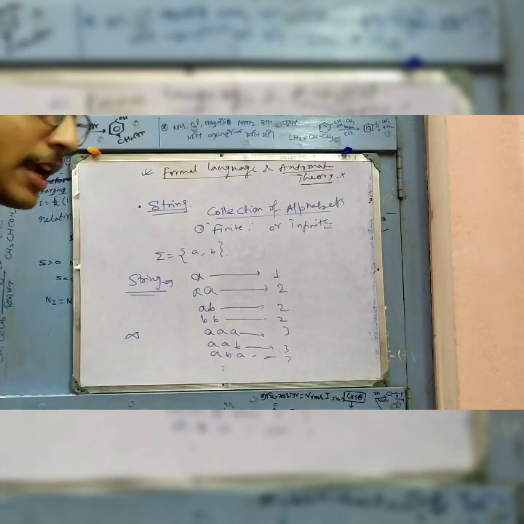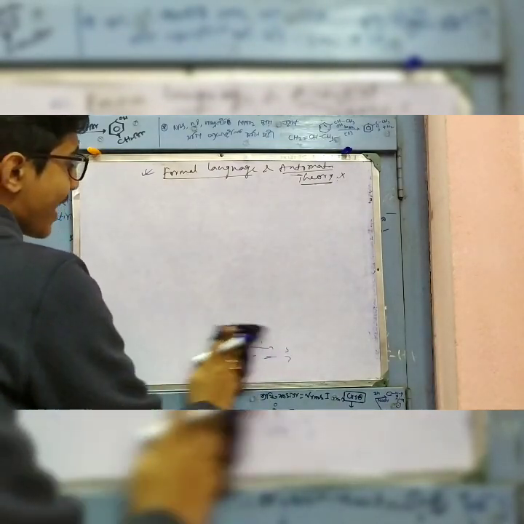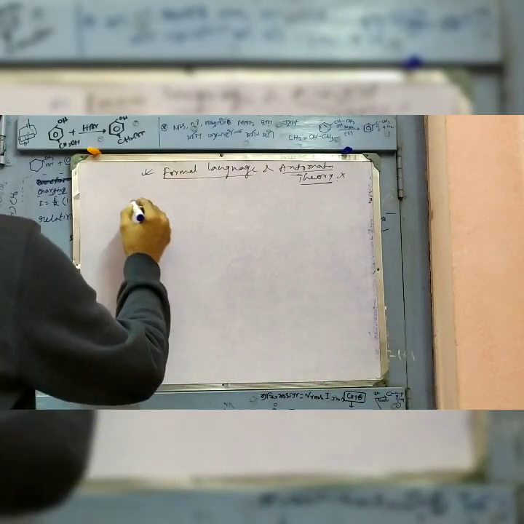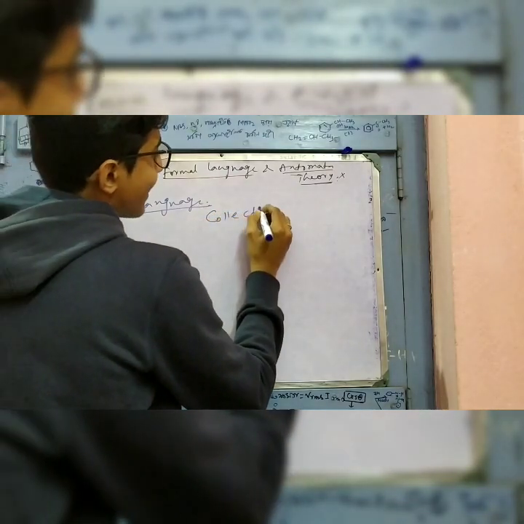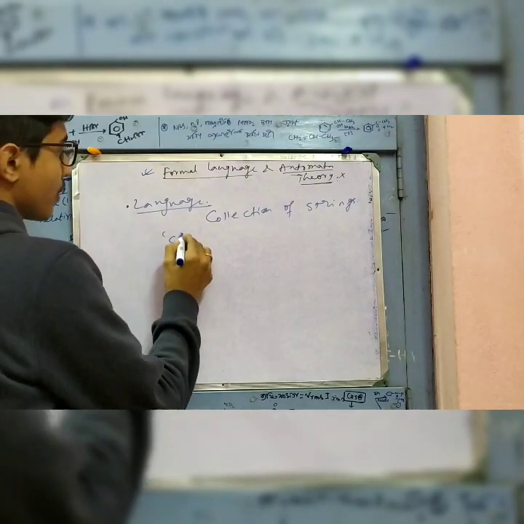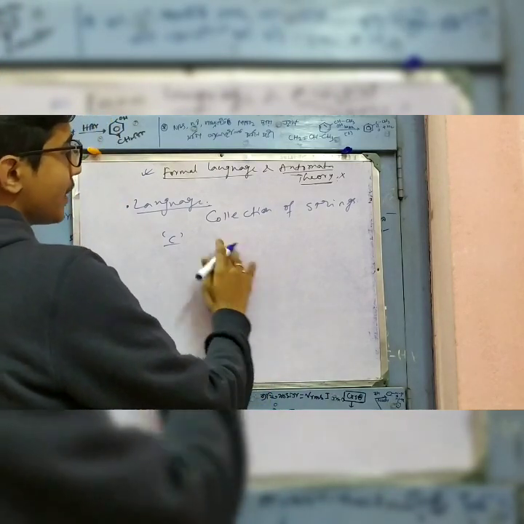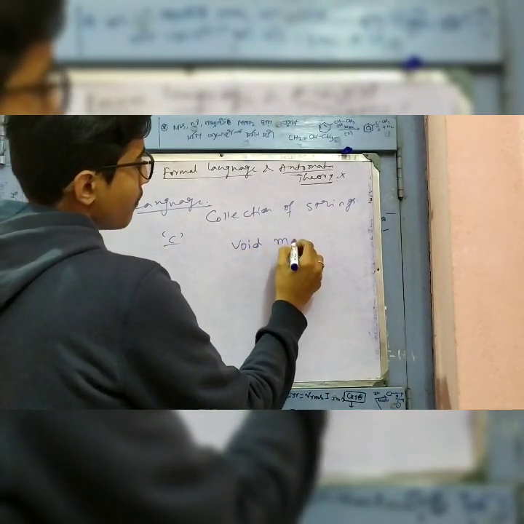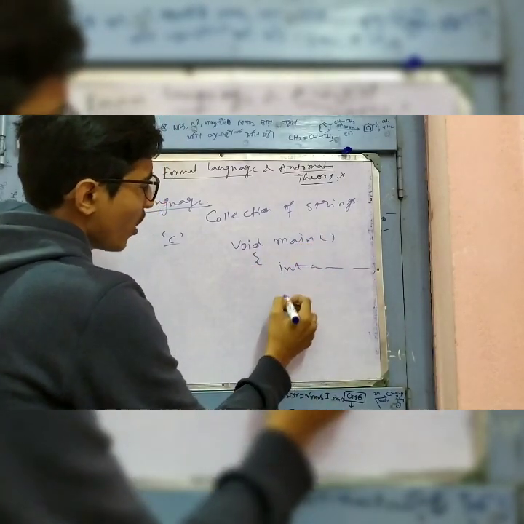After that we are going to our final thing, that is language. What is language? Language is nothing but a collection of strings. Let's check it. Let's take the C language. In C language, to make a program, generally we use void main, open parenthesis, close parenthesis, and suppose int a, b, c, and so on, some lines.